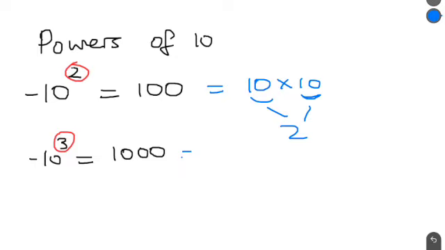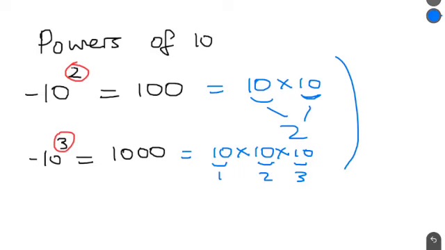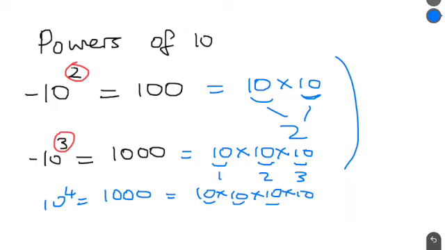And similarly, we know that 10 to the third power is 10 multiplied by itself 3 times: 1, 2, 3. In the same way, we could apply the same principle if it was 10 to the power of 4. 10 to the power of 4 would mean 4 zeros in the product, and 10 multiplied by itself 4 times: 1, 2, 3, 4.